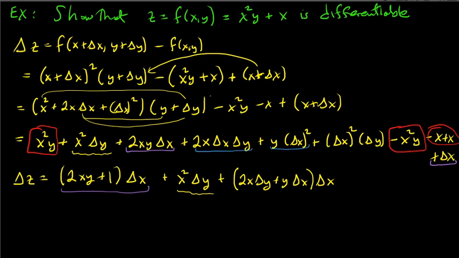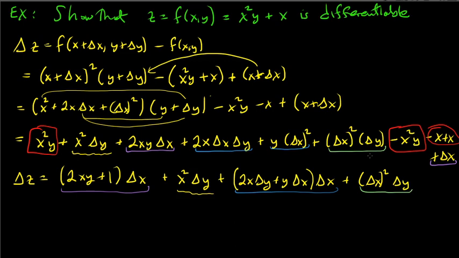Right. And then finally, yep, delta x squared times delta y. Oh, yeah, this came from here. And then I'm running out of colors, so how about green? That's that term there.